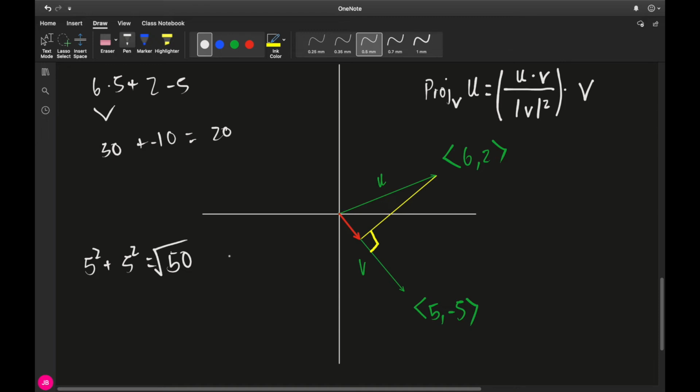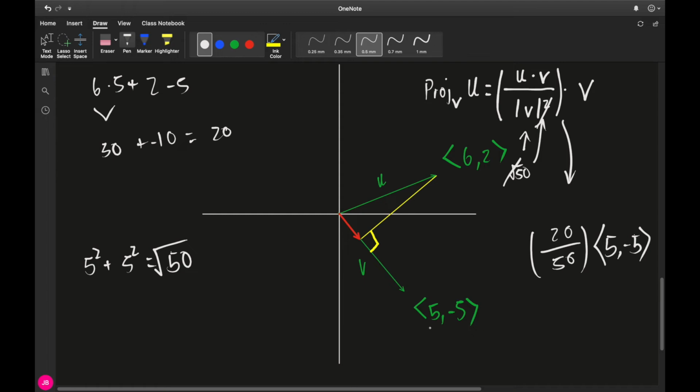And the square root of 50 is my magnitude, but since we're squaring this again, that squared cancels the square root out. I get 50 underneath there. So now my formula, once I plug things in, is the dot product 20 divided by 50, all times the component form of v. We can actually go ahead and simplify this into 2/5 times 5, -5.